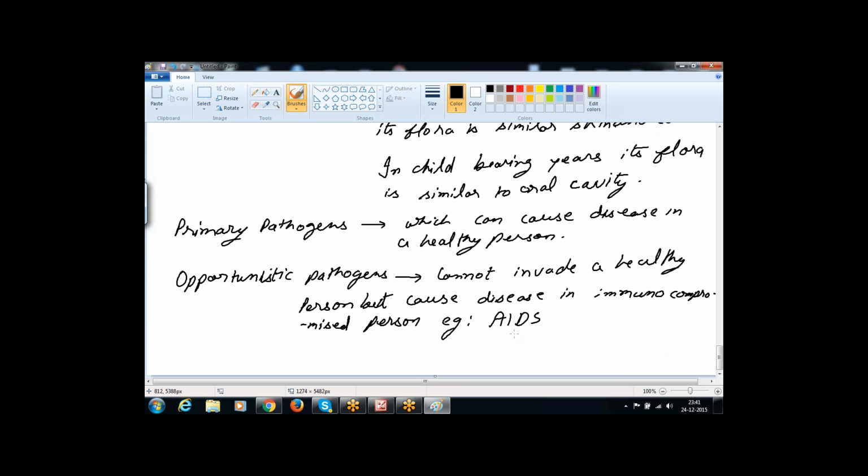So if anybody is on those kinds of medicines, their immunity will be very low. So even those pathogens which usually don't cause infection will start attacking because the person has become weak. Such pathogens are called opportunistic pathogens. They're taking advantage of the opportunity they've got. Is that clear?